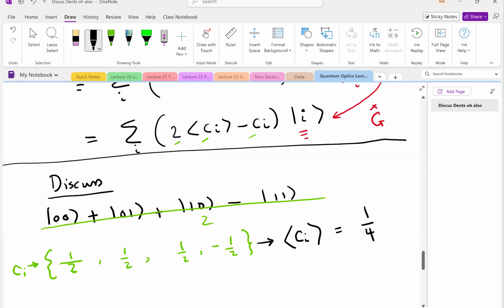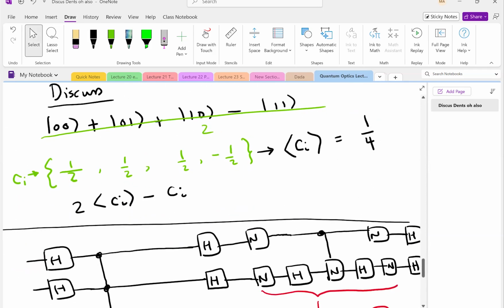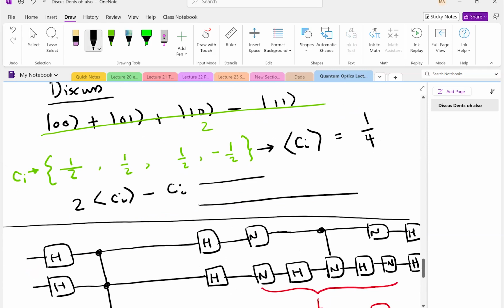Now, if I multiply the average of the Ci's by 2 and subtract from this, I will get all of the terms. Initially, my Ci's were half, half, half, minus half.